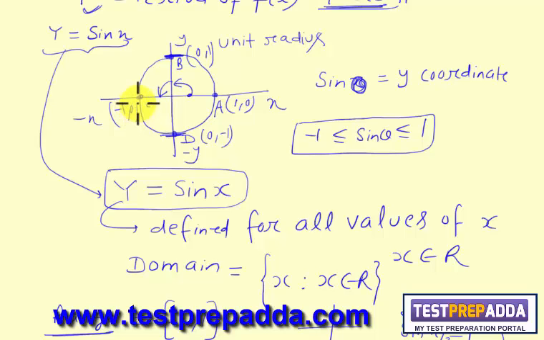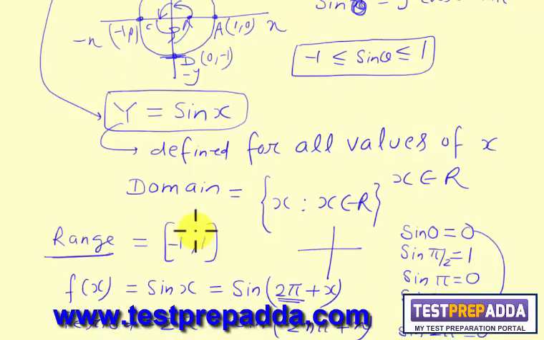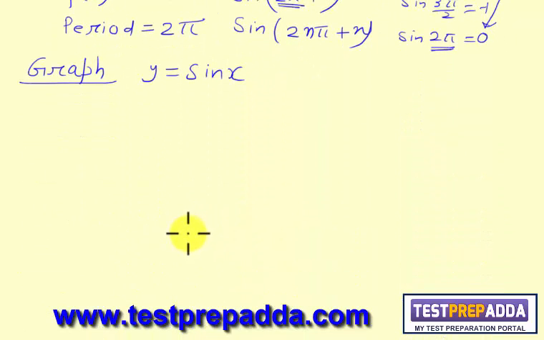Now from pi to 3 pi by 2, it becomes 0 to minus 1, further decreases. And then from 3 pi by 2 to 2 pi, it increases from minus 1 to 0. And this will help us in getting the graph.